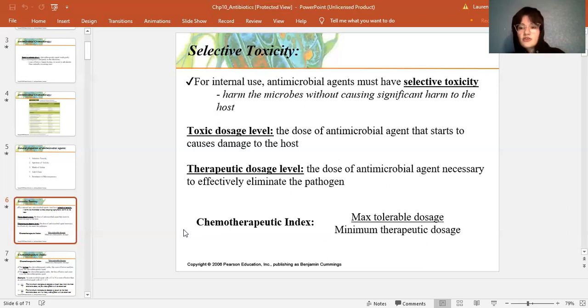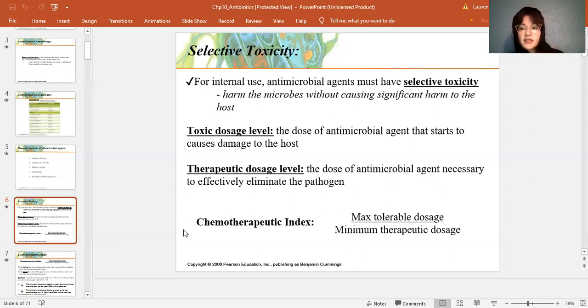Now, let's say that there's a drug, vancomycin, for example. It doesn't have the highest toxic dose level, which means, and this isn't exact, don't quote me on this for vancomycin, but to give you guys an idea of what this means, let's say the toxic dosage level of vancomycin was 40 grams, but the therapeutic dosage level had to be 30 grams.